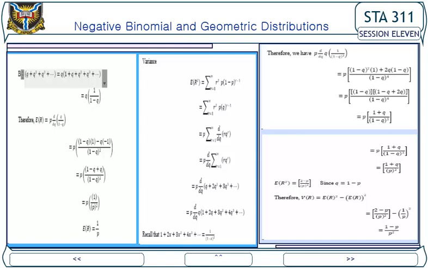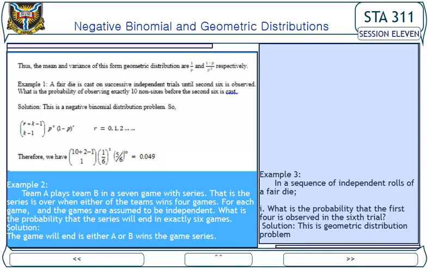Recall that, thus the mean and variance of this form of geometric distribution are 1 over P and 1 minus P over P squared, respectively.